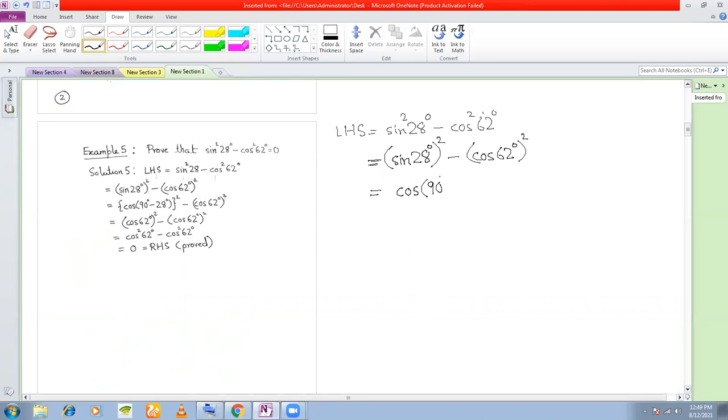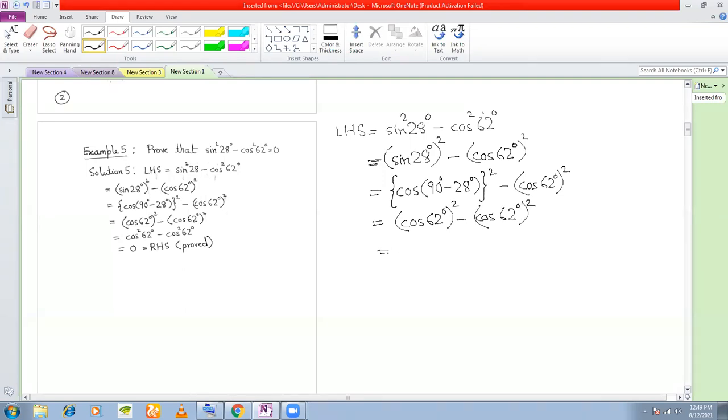I write this as cos of 90 degrees minus 28 degrees, and I also have a square, right? So cos 90 minus 28 will give you 62 degrees, square, minus cos 62 degrees square.